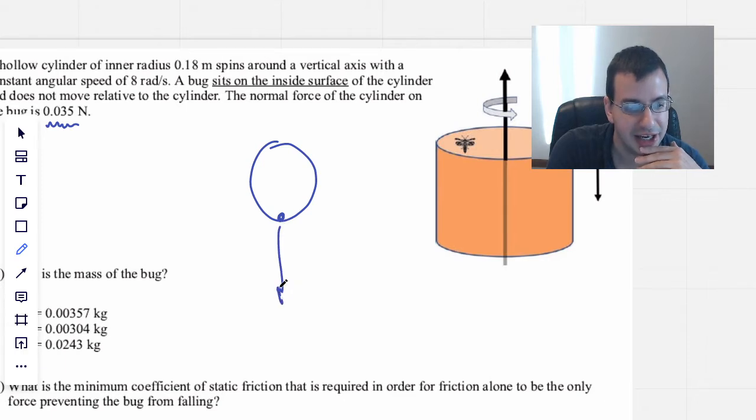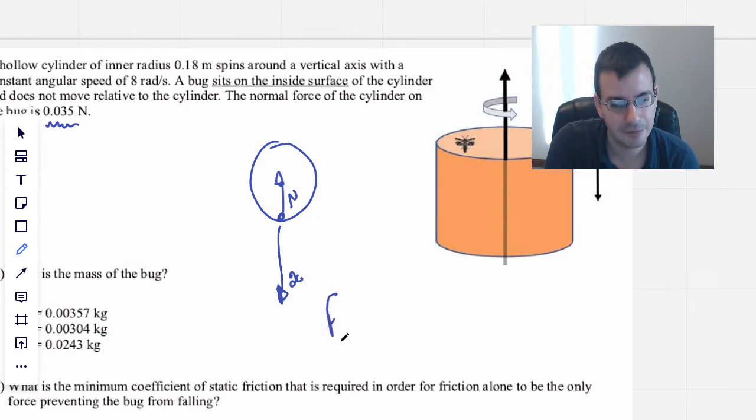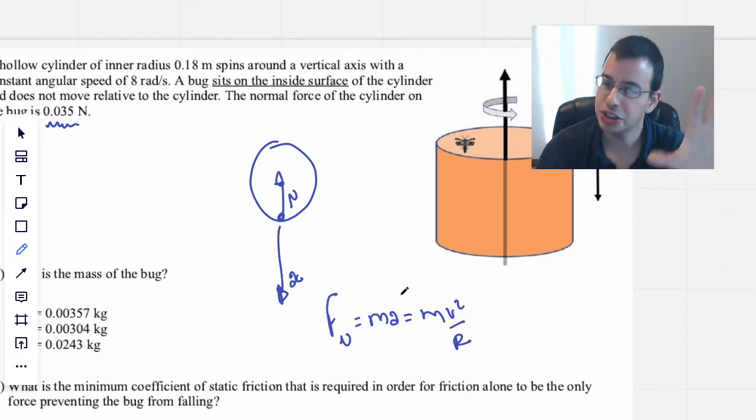So there's a centripetal acceleration, centrifugal going outward, and a normal force pulling it inward. So the force normal is going to be mass times acceleration, which is mass times v squared over r. This is the centripetal acceleration.